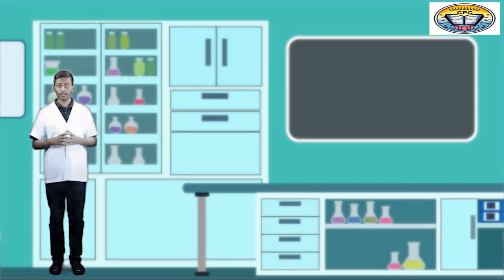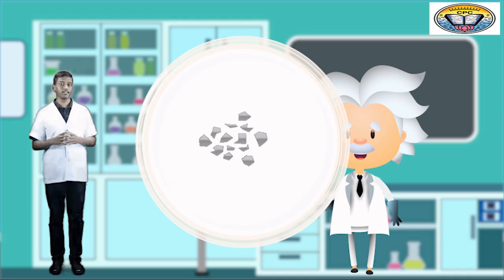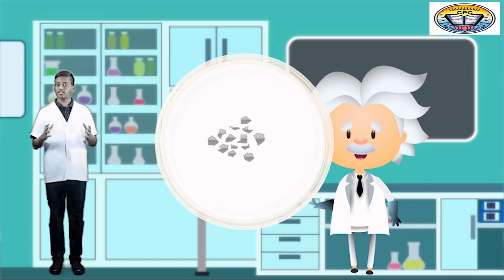Remember, earlier we kept a dish in the sunlight. Proton, now get the dish back. Do you observe any difference? Yes, the white crystals of silver chloride have changed into grey color. This is due to the decomposition of silver chloride into silver and chlorine.